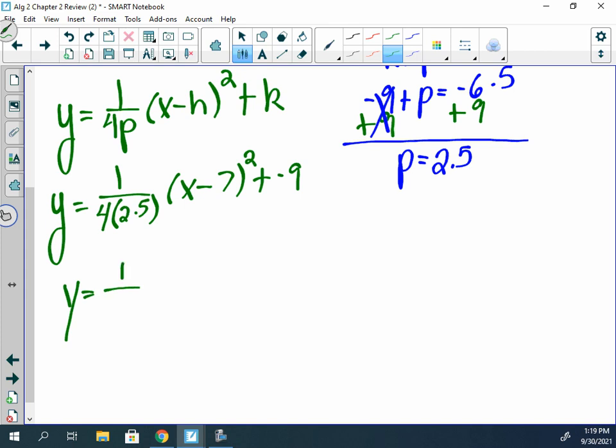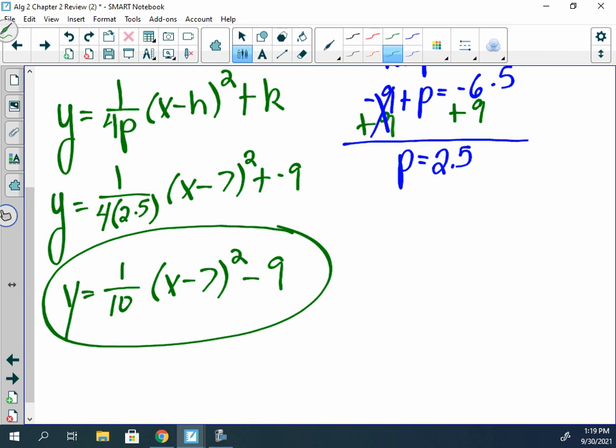Well, hopefully 1 over 4 times 2.5 will give us a whole number, and it does. It would be 10. So we have 1/10 (x minus 7) squared minus 9. And that's it. Now we can't drop the parentheses because (x minus 7) squared really doesn't simplify easily. So we can just leave it as (x minus 7) squared.